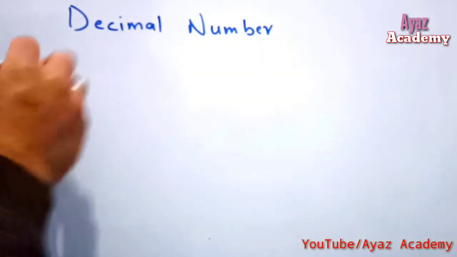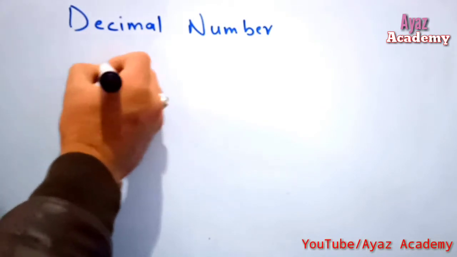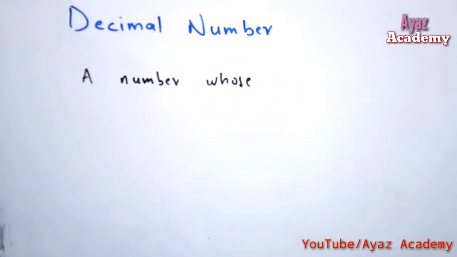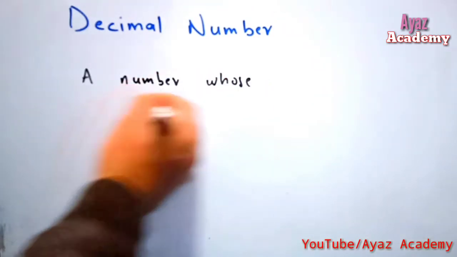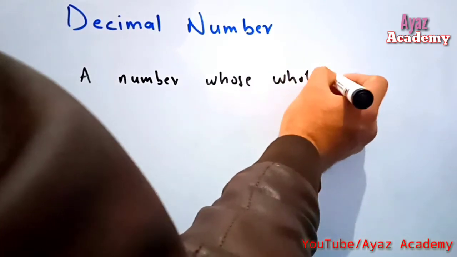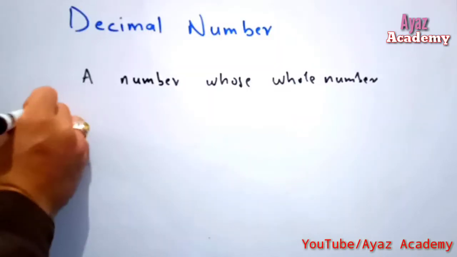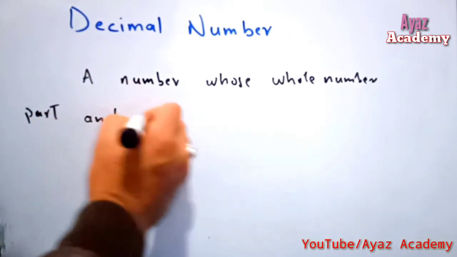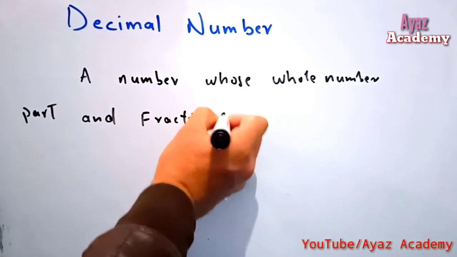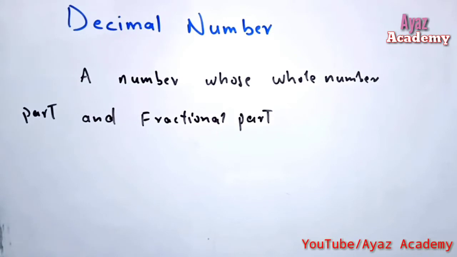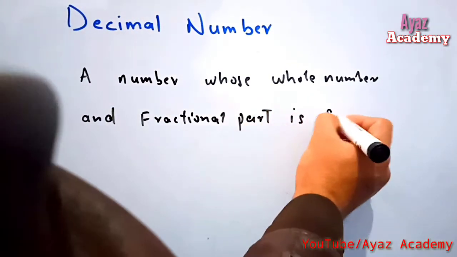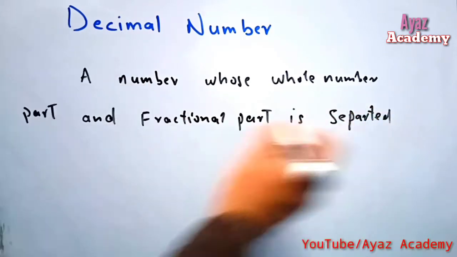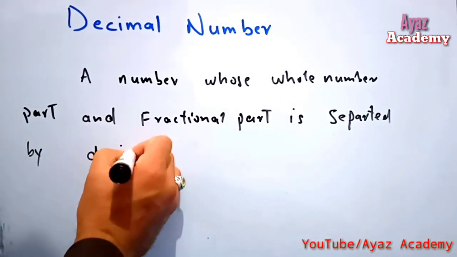Definition of decimal number is a number whose whole number part and fractional part is separated by a decimal point.